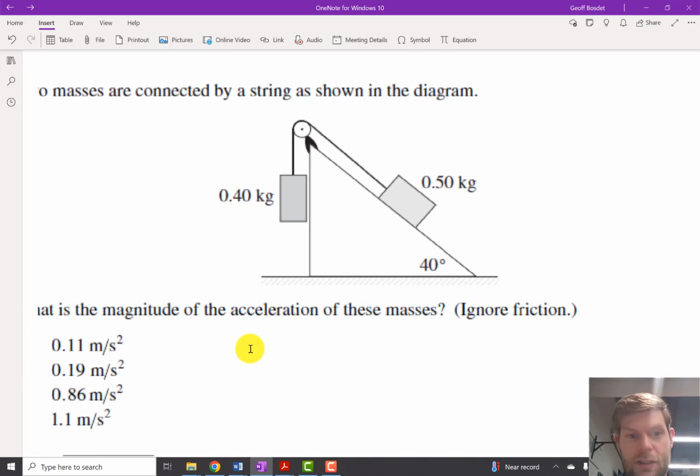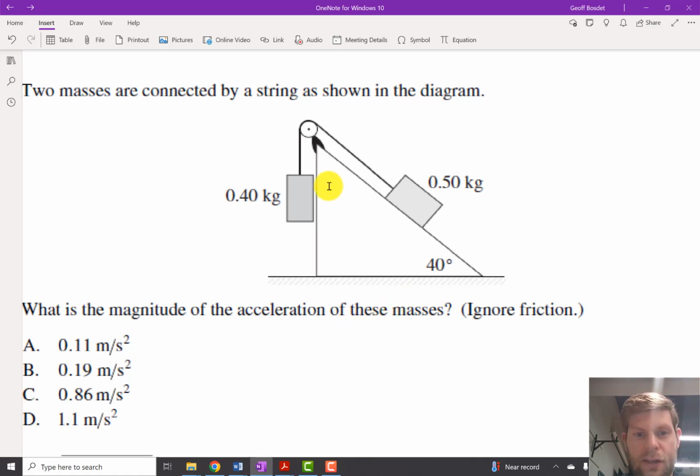For a question like this, we've got kind of a fight between straight gravity and the parallel force of gravity. We're ignoring friction here. Sometimes friction's in the mix too, and friction will naturally slow it down. So if I was trying to figure it out, first I would calculate this number: 0.4 times 9.8, and that would be 3.92, I think.